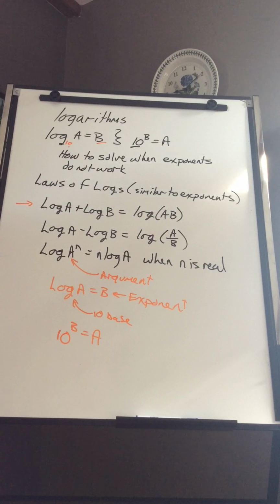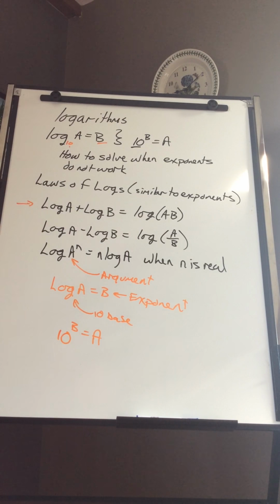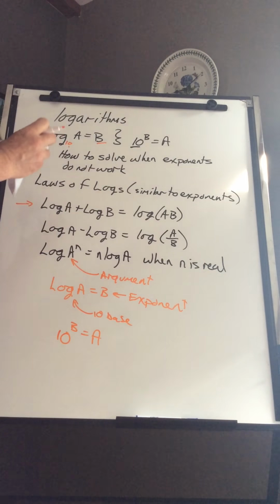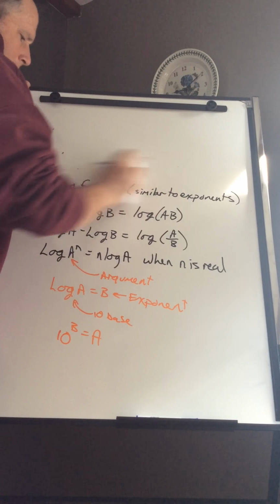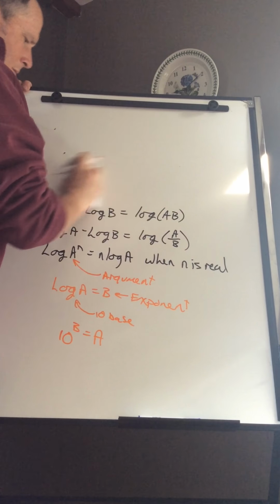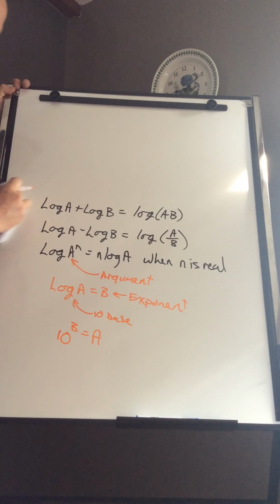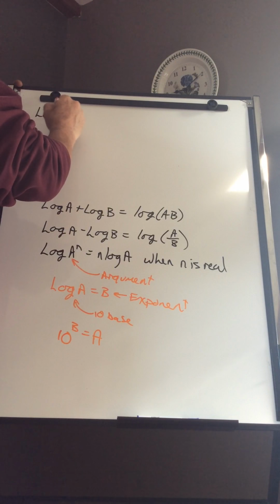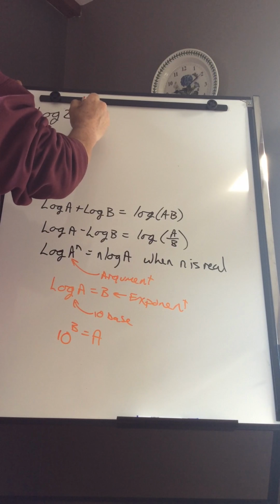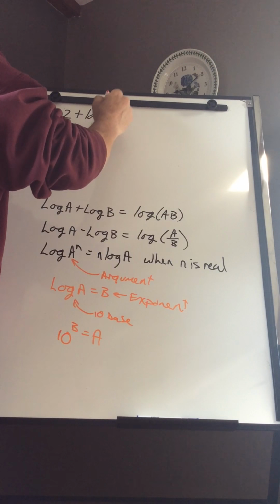Okay. Now, some of the first examples that we're going to do are very basic ones involving these three laws, and then we'll get into the more difficult stuff. And when I say basic, I really mean basic. So I have log 2 plus log 7.